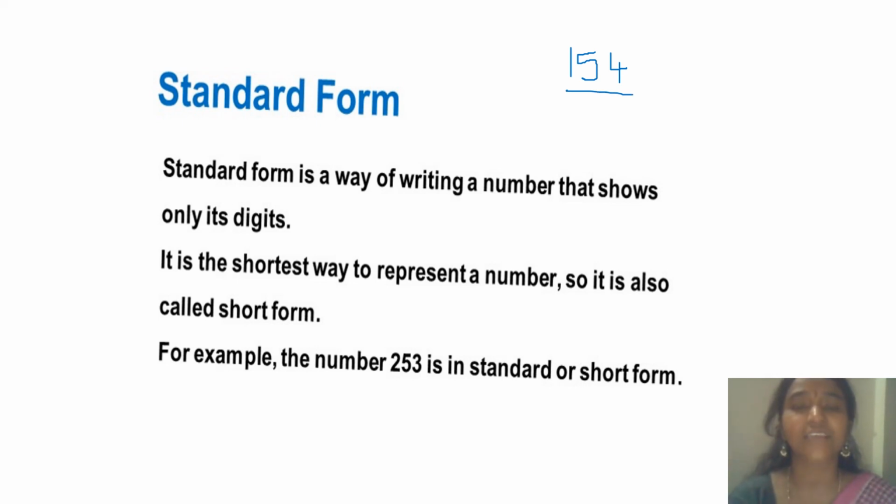Standard form is a way of writing a number that shows only its digits. It is the shortest way to represent any number, so it is also called a short form.